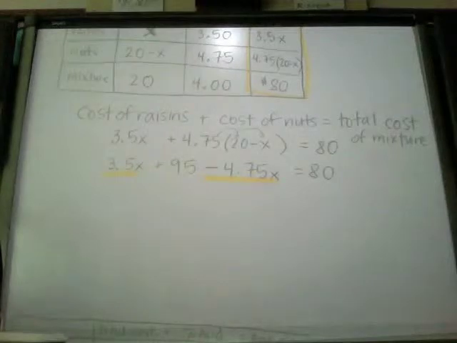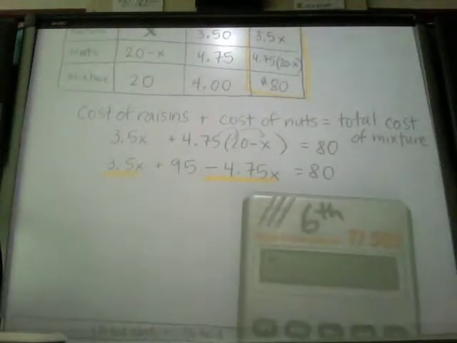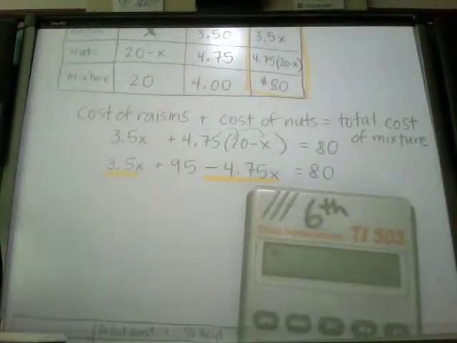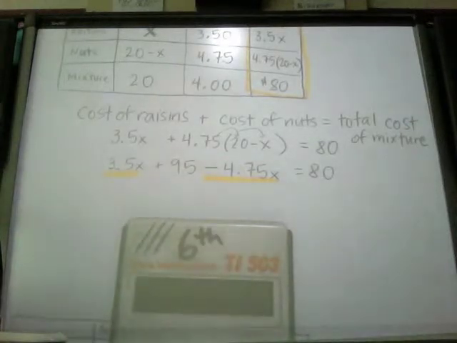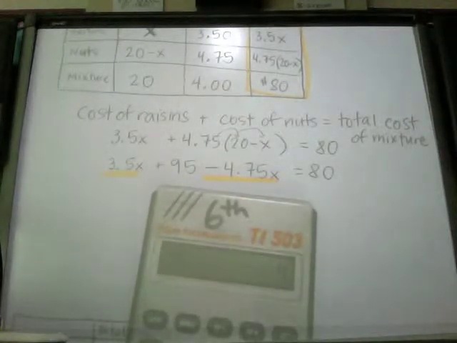Think about what we would do if these were whole numbers. If it was just 3 and a negative 4, we would just do the math, 3 minus 4. And you could probably do that in your head to get negative 1. We do the same thing, except just use your calculator if you have decimals. It's 3.5x minus 4.75x.